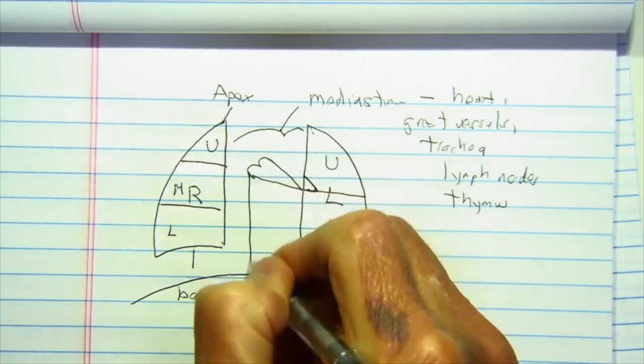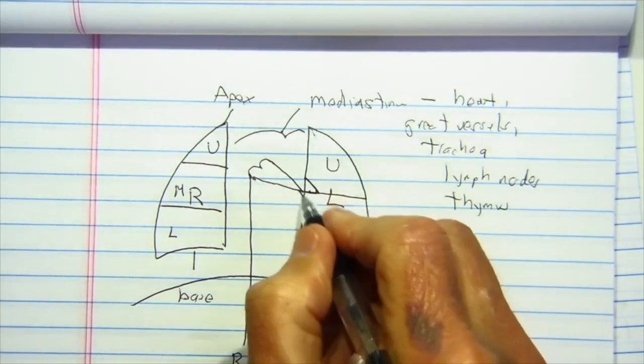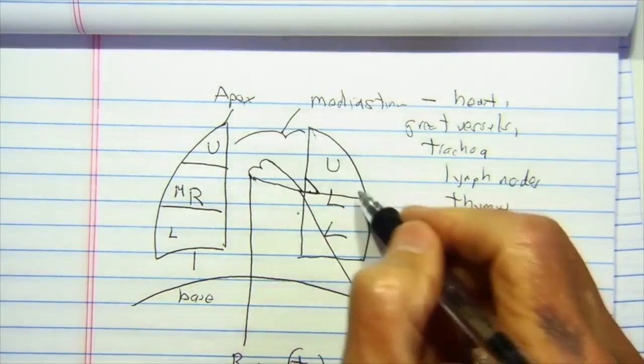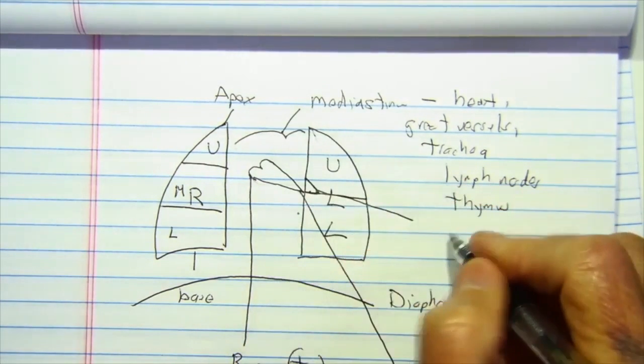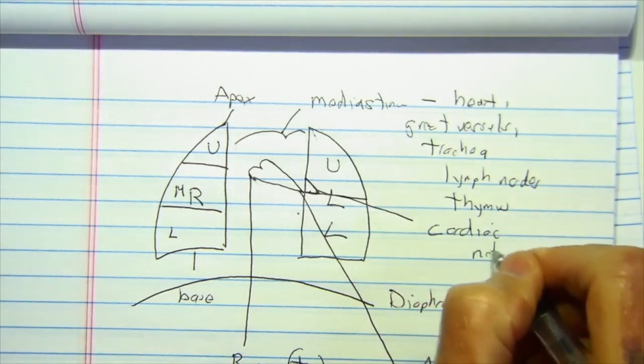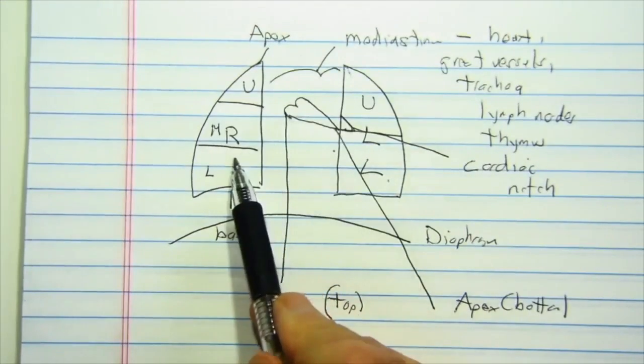Remember, the top of the heart is actually the base of the heart. So if it's talking about the heart, the base is the top of the heart, and the apex is the bottom of the heart. So it's that apex of the heart that fits into this indentation called the cardiac notch. And that's why I only have 2 lobes on the left and 3 lobes on the right.